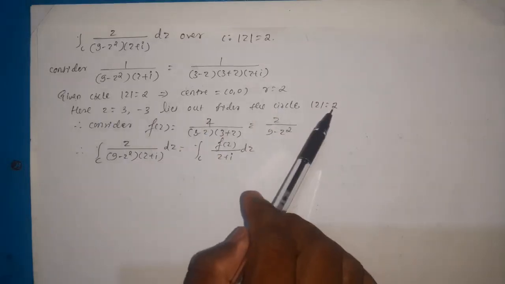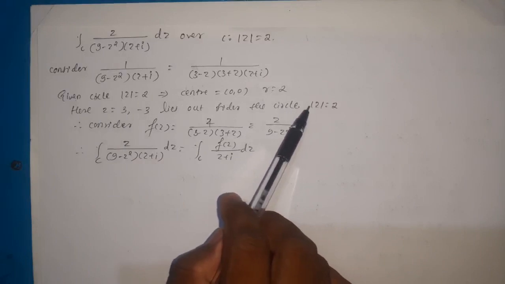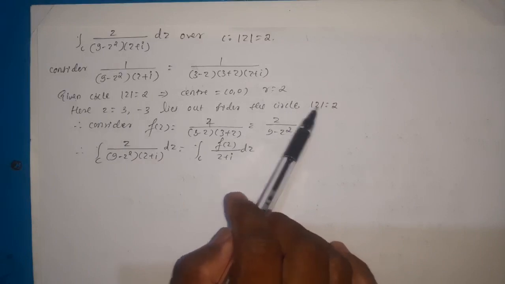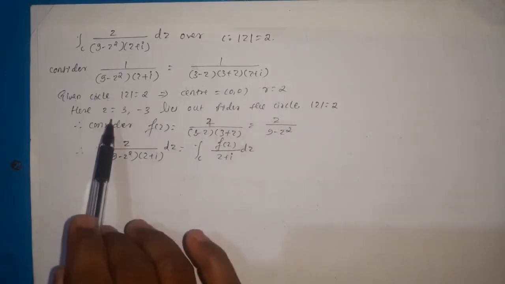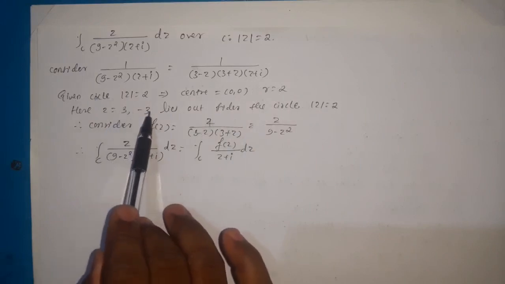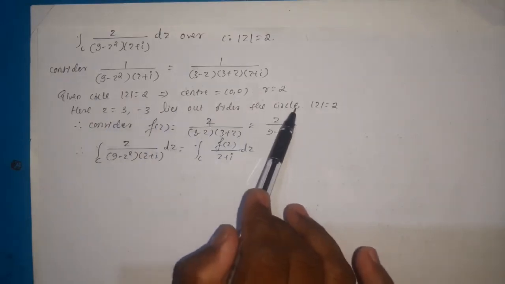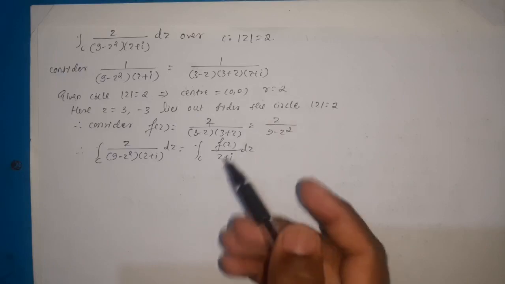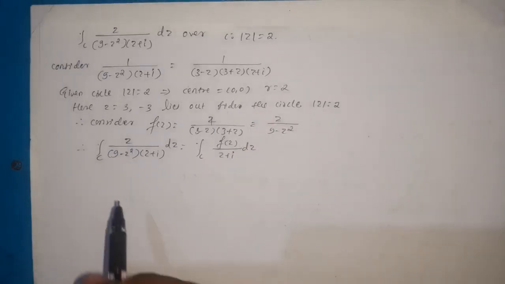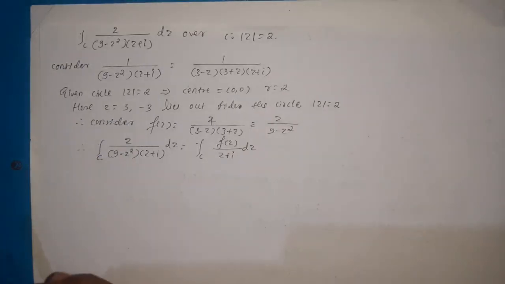So here the radius is what? 2 units. It is mod z equal to 2, that is, z equal to plus or minus 2. So here 3 and minus 3 lie outside the circle mod z equal to 2. Whenever the points lie outside the circle, the corresponding factors to those points can be included in f of z.